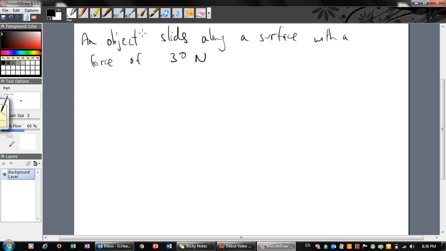And let's just say, I'm just going to chuck in here a 10 kilogram object, force of 30 newtons, and with mu equal to 0.2. Let's just say 0.2. Find the acceleration of the object.